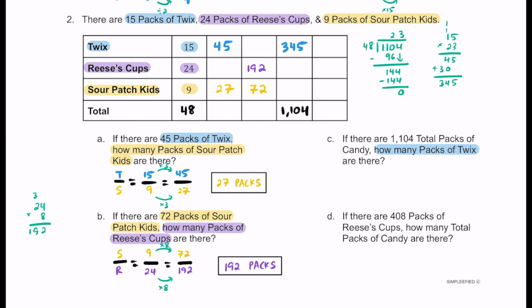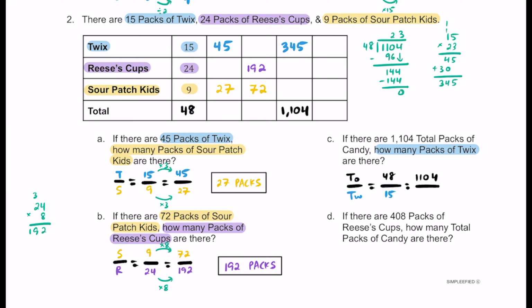So if we were setting up a ratio here, I could put TO for total on top and then maybe TW for the Twix on bottom. A little confusing because they both begin with T here. But our original ratio of total to Twix was 48 to 15. So 48 on top and then 15 on bottom. And then we were told that there would be 1,104 total packs here. So that's going to go on top as 1,104.